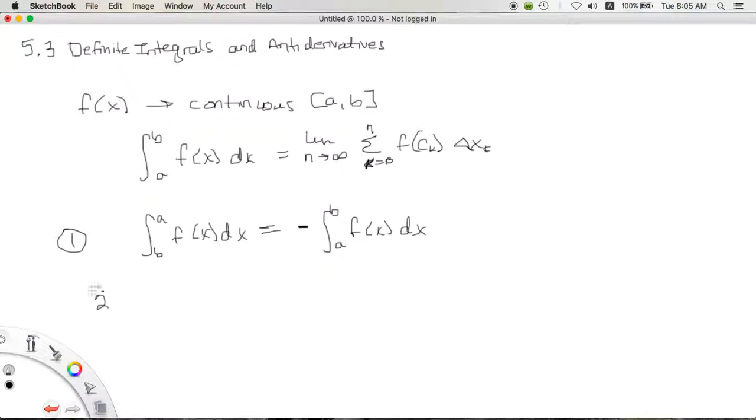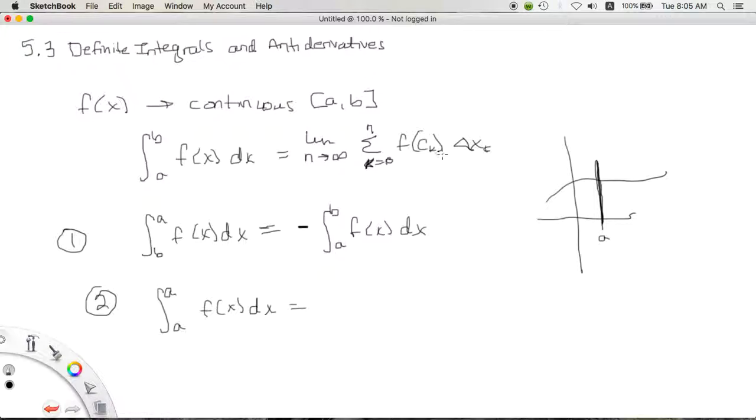And the second one is if we're taking the integral from a number to itself. If you have a function and you're trying to take an integral from this space to this same space, well, that delta x is 0.